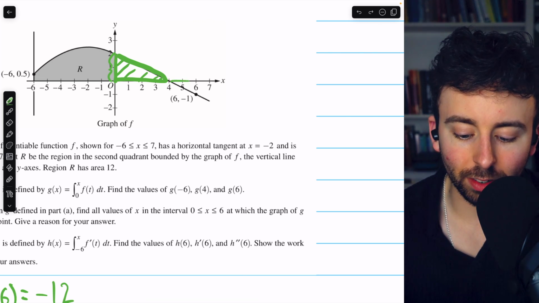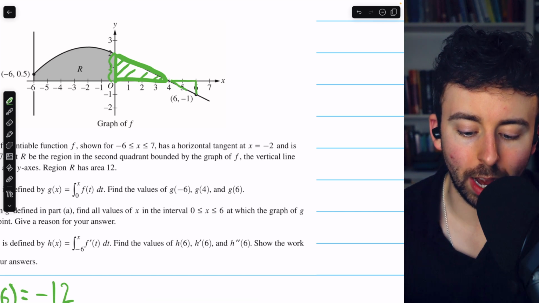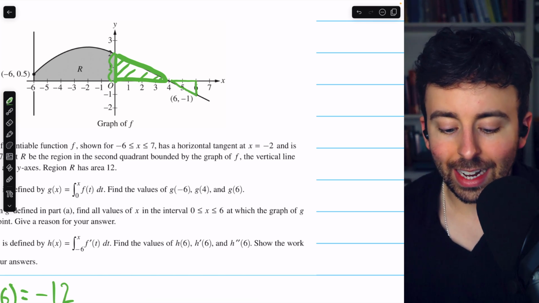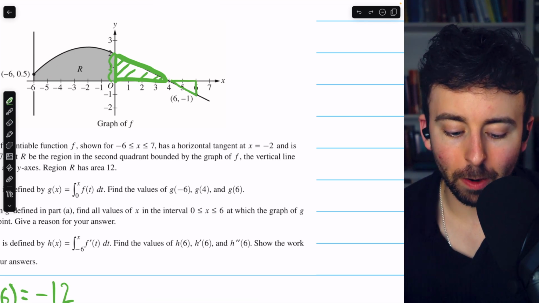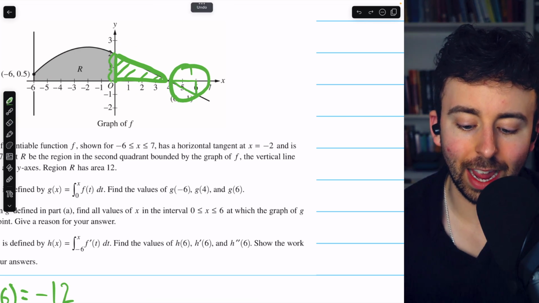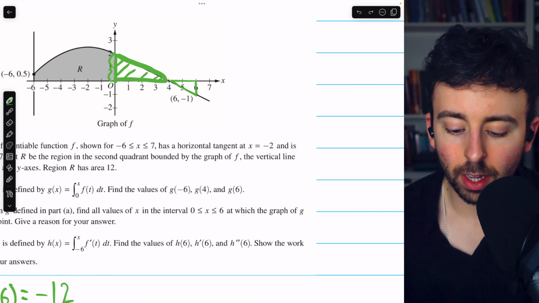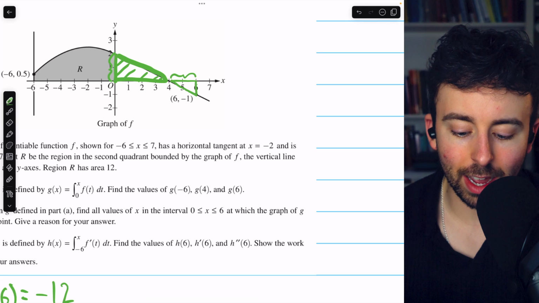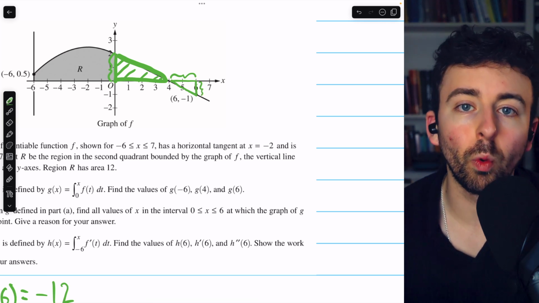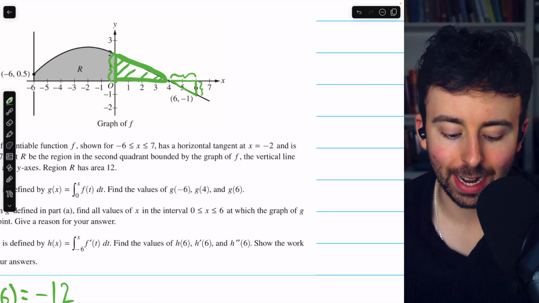But again, this is just a triangle. So again, we will use 1/2 base times height. We already did the area from 0 to 4, so now we're just going to add the area from 4 to 6. The base of this triangle is 2 from 4 to 6, and the height we see is -1, which is why the area will be negative.